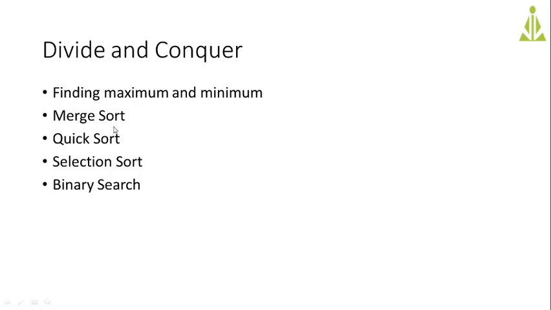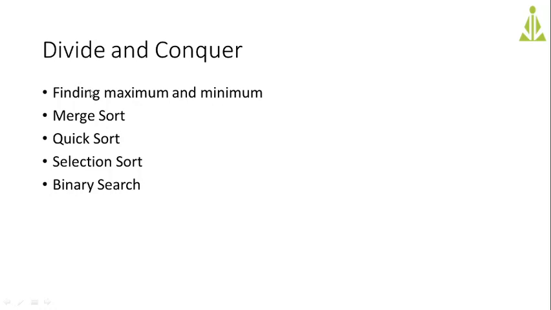Divide and conquer technique can be used for merge sort, and quick sort will also come under divide and conquer, selection sort, binary search. Okay, all these things will be covered in divide and conquer.